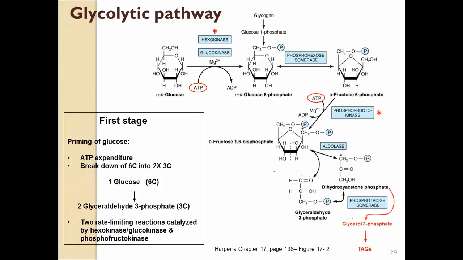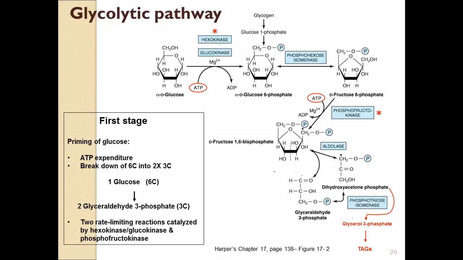For example, in the liver glucokinase is more abundant, and hexokinase is more abundant in skeletal muscle. In different tissues they give a different name, I don't know why, but they catalyze the same reaction, glucose phosphorylation. So again, this is the first rate-limiting reaction and it consumes 1 ATP.